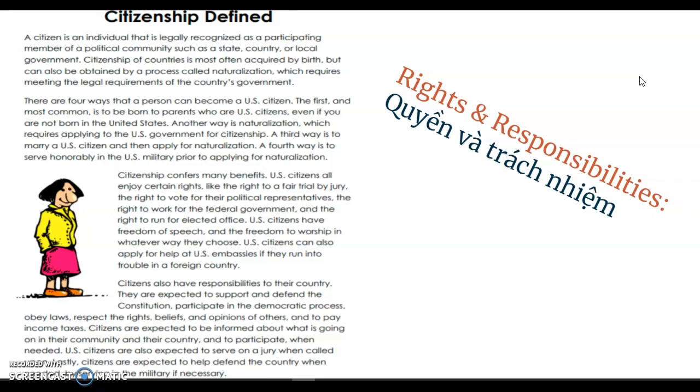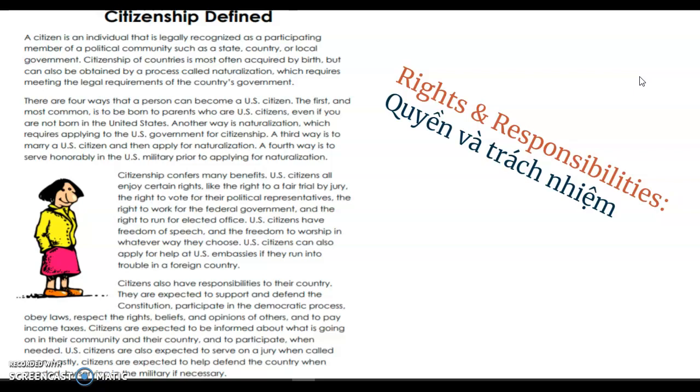The United States citizens have freedom of speech and the freedom to worship in whatever way they choose. They can also apply for help at U.S. embassies if they run into trouble in a foreign country.